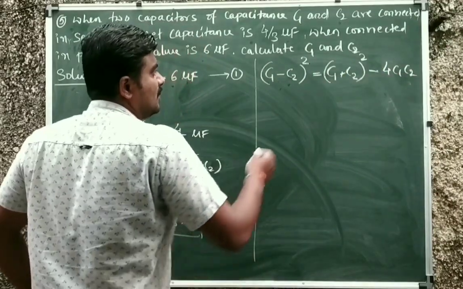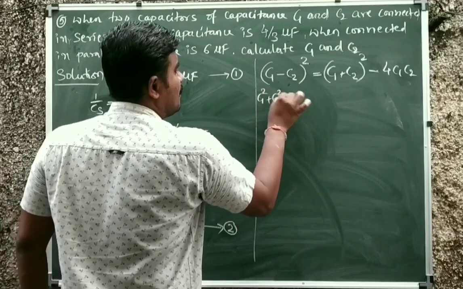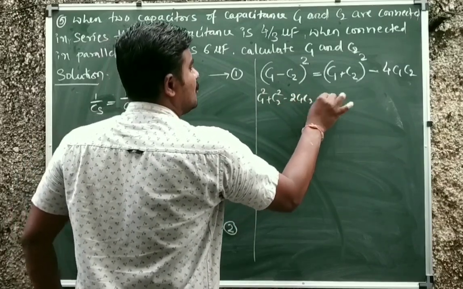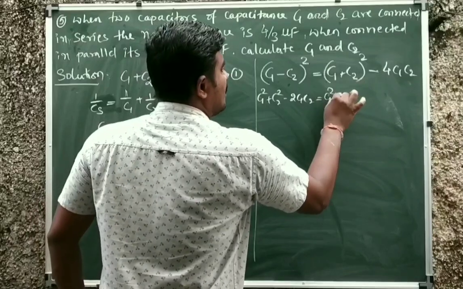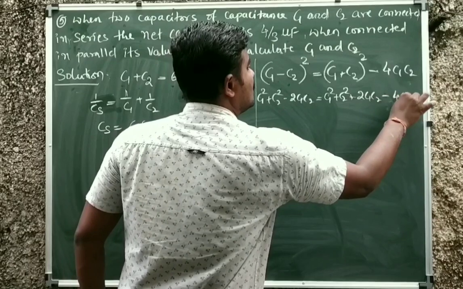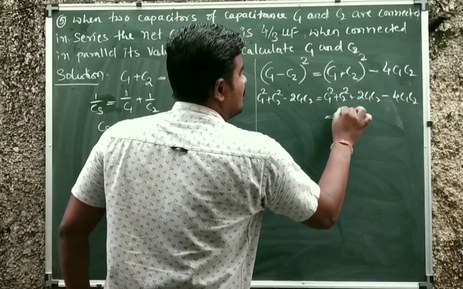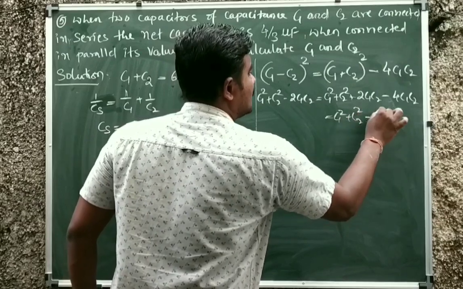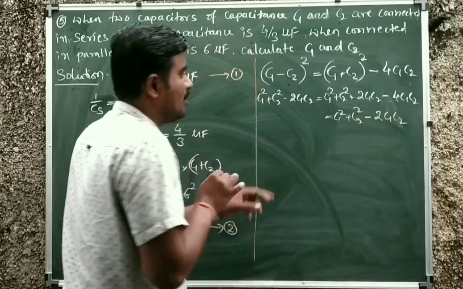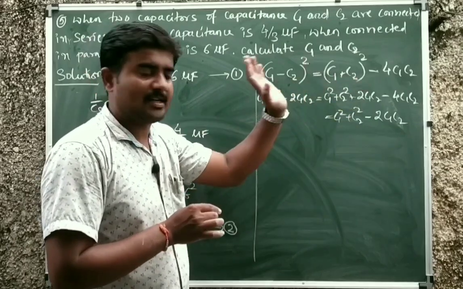As you can observe here, C1 square plus C2 square minus 2 C1 C2 is equal to C1 square plus C2 square plus 2 C1 C2 minus 4 C1 C2. 2 C1 C2 minus 4 C1 C2 gives C1 square plus C2 square minus 2 C1 C2. It means LHS and RHS are both equal. Therefore, this arrangement is correct.